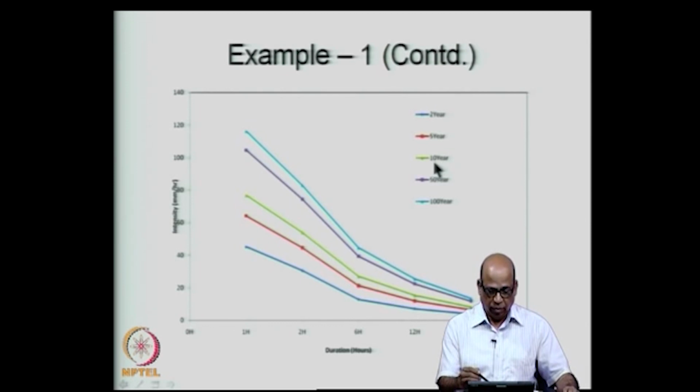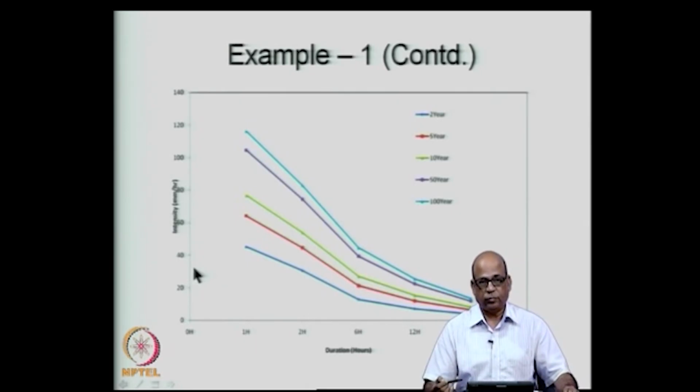From our IDF relationship, as we derived earlier from the data that we had, we can pick up the 10 year, 6 hour rainfall, and we may get a certain intensity. It may come to about some 23 or some such thing.